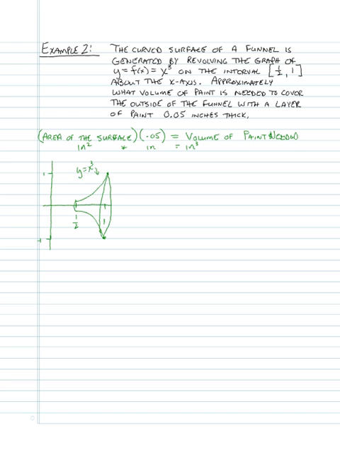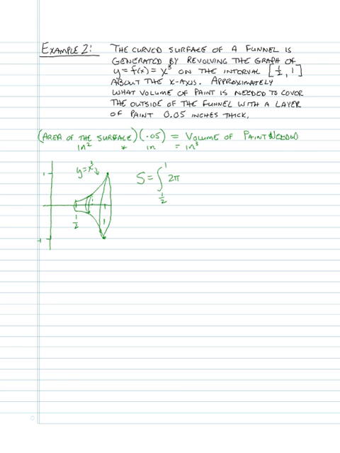So again, we need to know the surface area. We'll call that S. And that's an integral, okay? We're going to start our x values at 1/2, and we're going to go to an x value of 1 in this case, of 2 pi times, now remember we're going to have a representative frustum, okay? So I'm thinking about here, okay, this is the frustum I'm thinking of. Now that frustum has a radius.